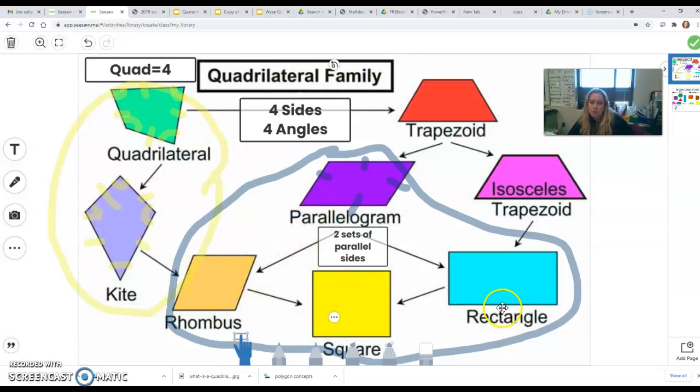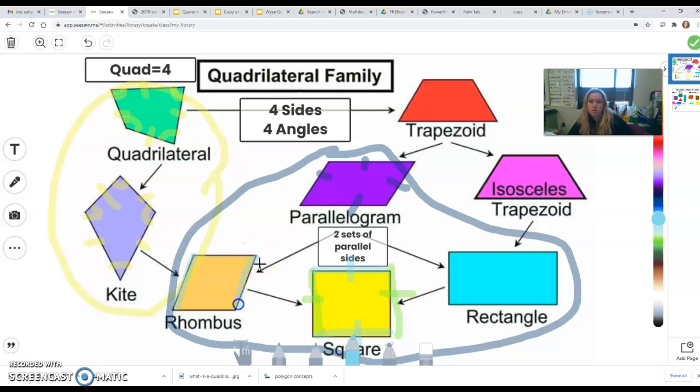So these shapes all have two sets of parallel sides. We've got these two sides running parallel to one another, and then this side and this side run parallel to one another. So there's two sets on each of these.